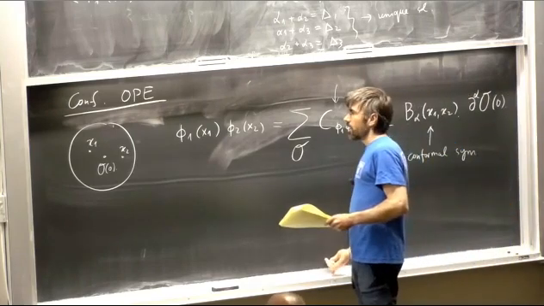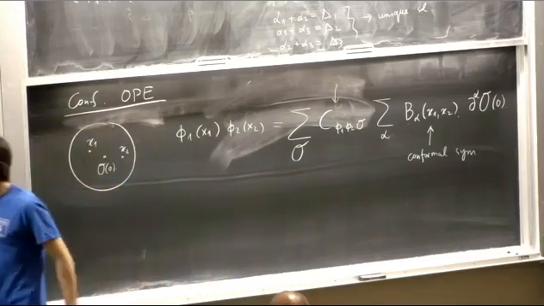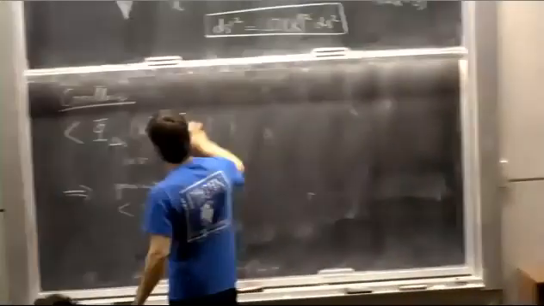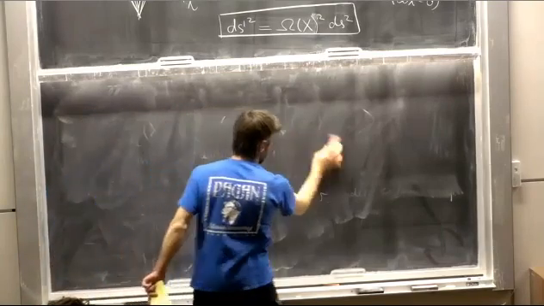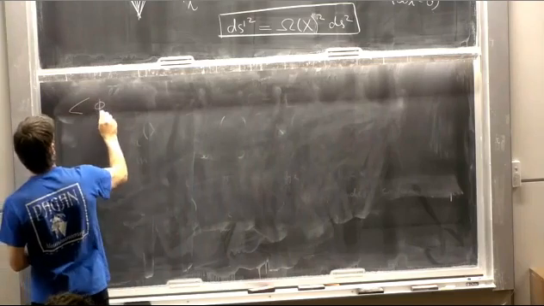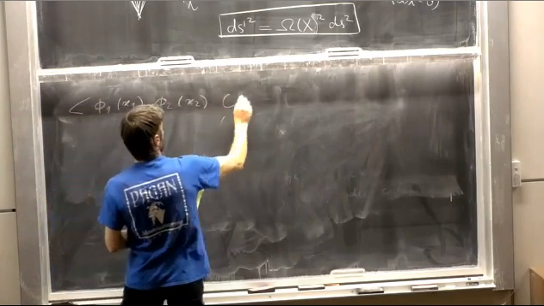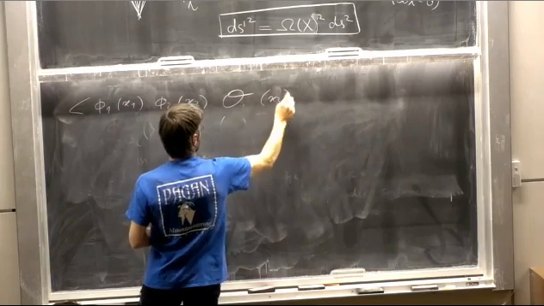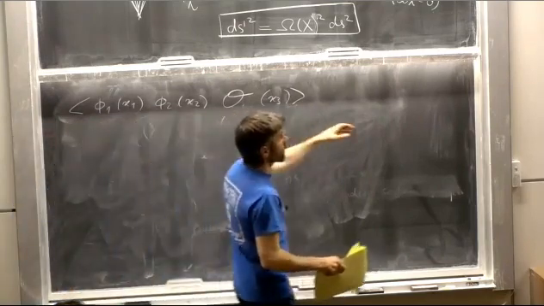There are various ways to get convinced of this fact. One way to get some confidence that it should be true is to compute the 3-point function. If you compute the 3-point function of phi1 at x1, phi2 at x2, and some operator O at the point x3, this is some known function of x1, x2, x3, as I just explained.